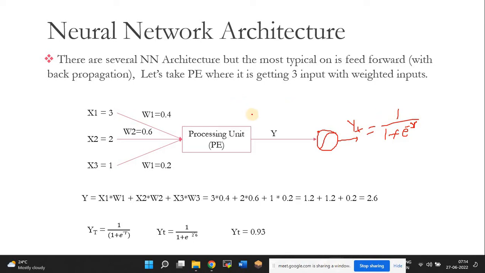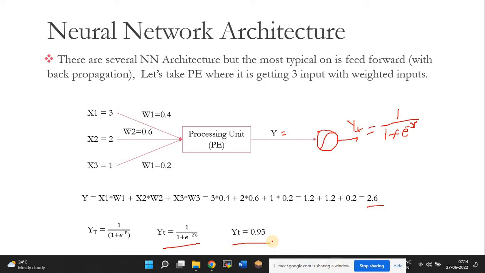What is this y? This y is this, and this is this. I put that into this equation to get 0.93. So this is the output of the function that actually happens through the processing unit.